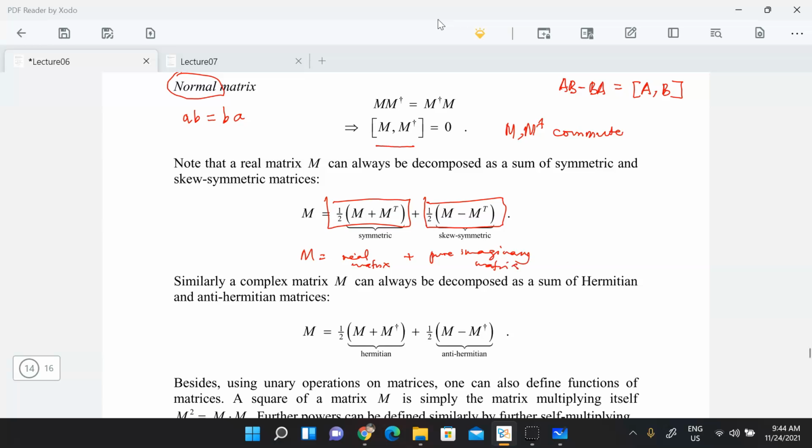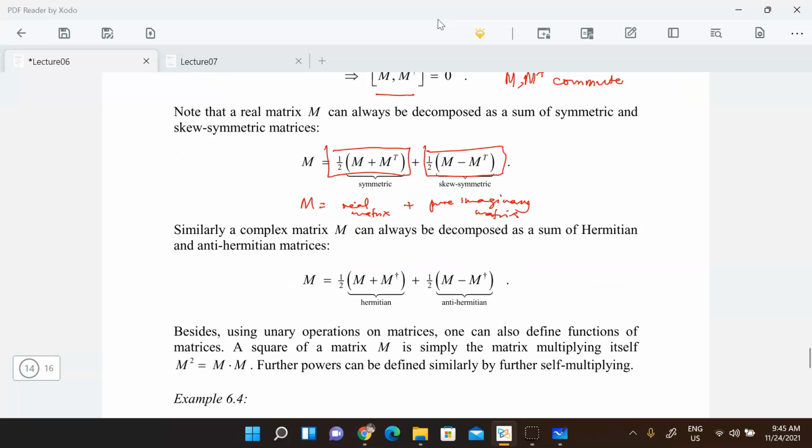Okay, by using the same trick, you add the M conjugate in this particular case, and then minus the M conjugate. But now we have a new thing, which is the composite of the transpose and the complex conjugate.